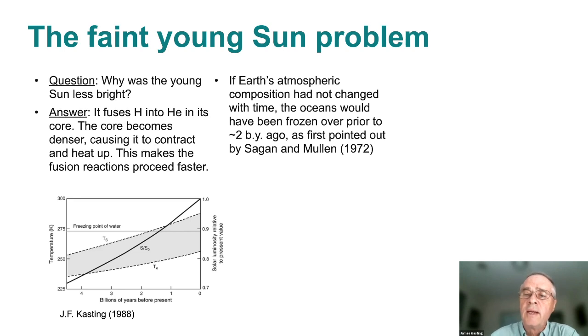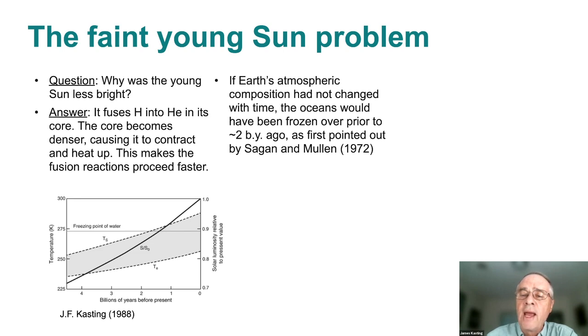So here is a diagram that I published back in 1988. It was really very similar to a calculation that had been published in 1972 by Carl Sagan and George Mullen. And what this diagram shows is two things, really. The solid curve is solar luminosity relative to the present. That goes with the scale on the right.